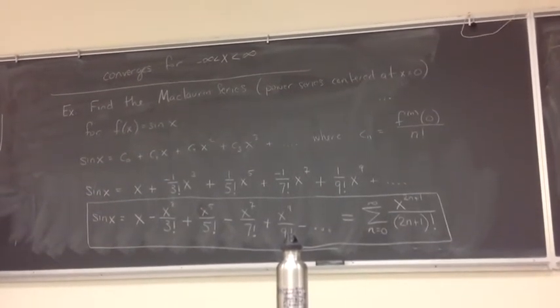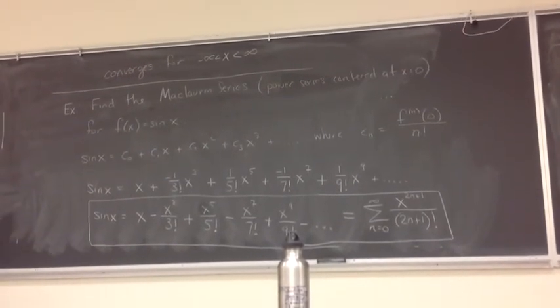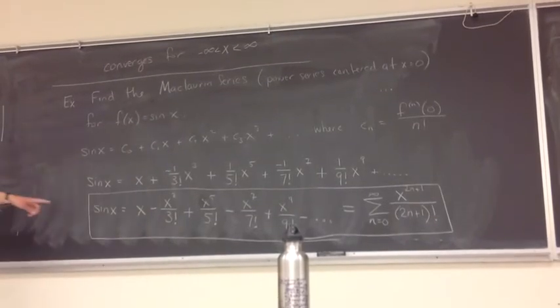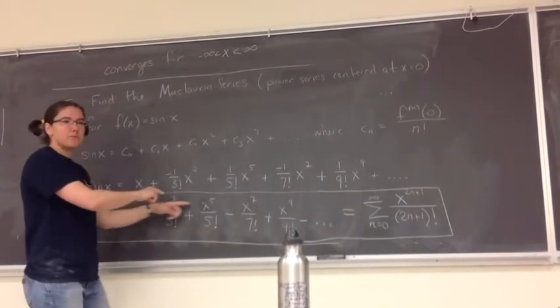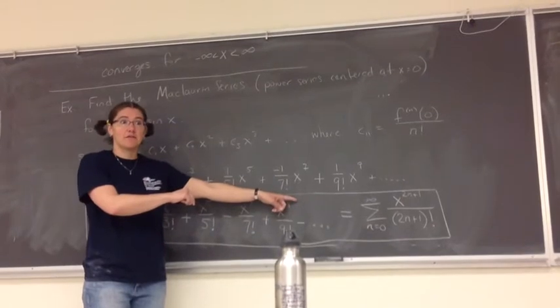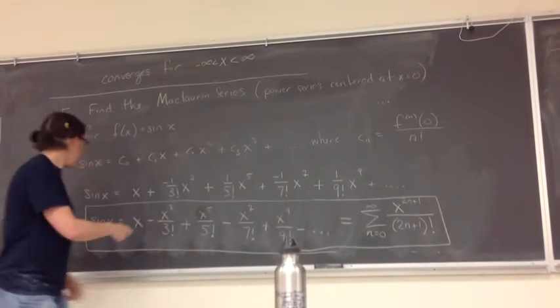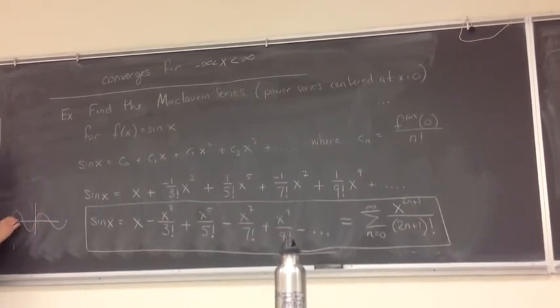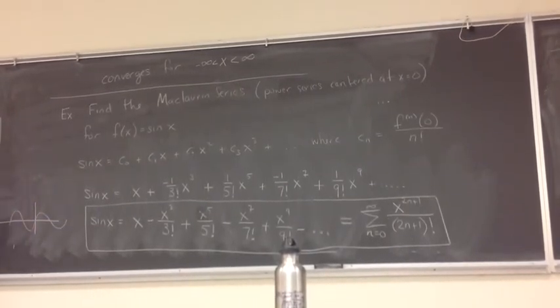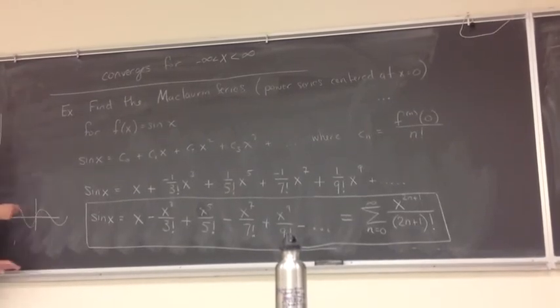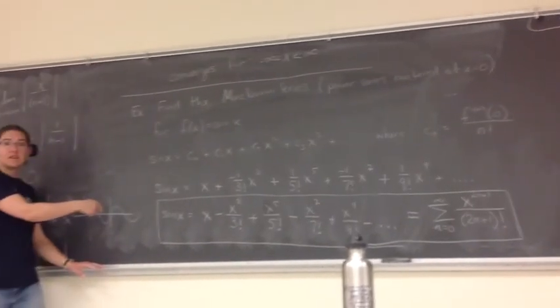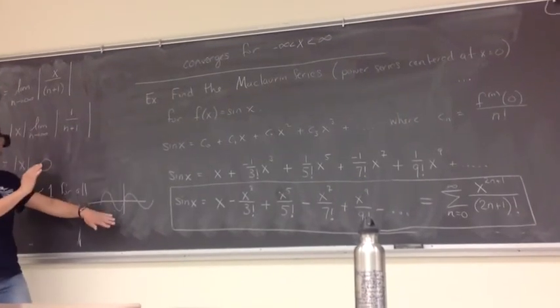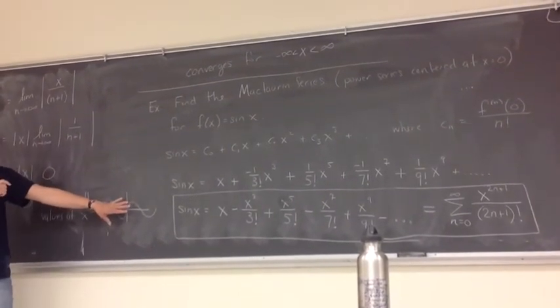All right, so a couple of comments about this particular series. The first comment is that notice we do only have the odd powers. And by the way, the sine function is an odd function in the sense that the symmetry is across the origin, so if you fold and then fold again, your function lands back on itself.